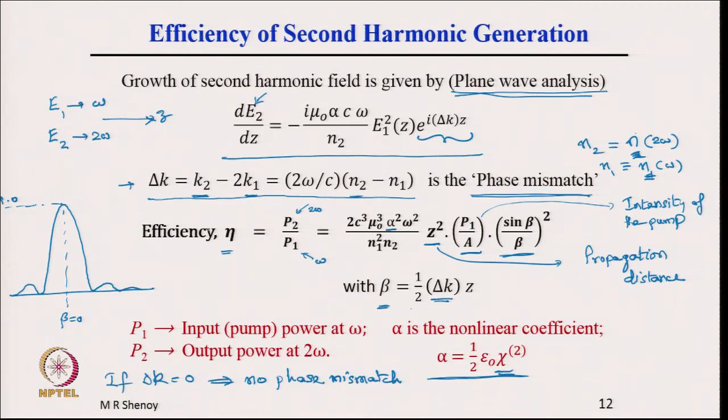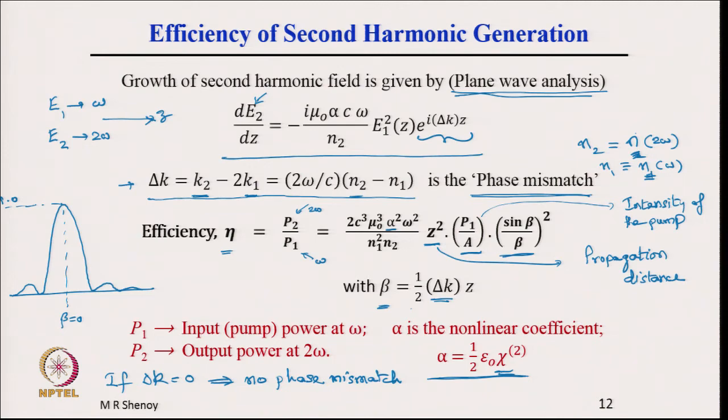So, the purpose of writing this expression, although we have not derived it, is to indicate that the nonlinear optical efficiency, in this case conversion efficiency, that is the fraction of pump power that is getting converted into the second harmonic, is proportional to square of the susceptibility alpha square, square of the length of interaction, intensity of the pump, which tells you that stronger the pump, better will be the efficiency, and finally, it is maximum when delta k is equal to 0 or when there is no phase mismatch.